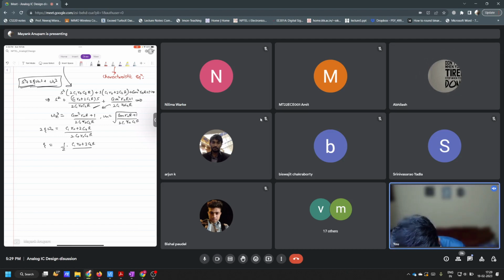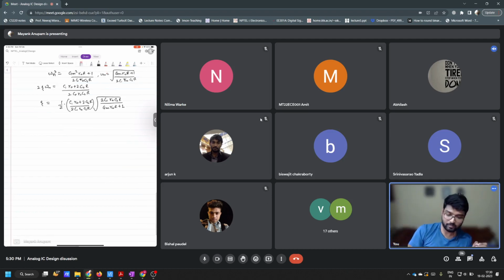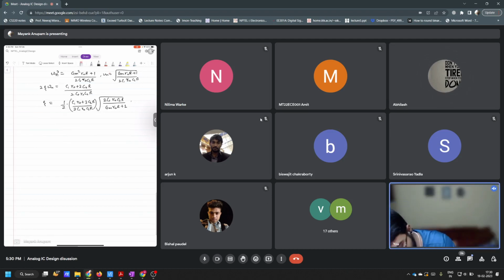Have I made some mistake somewhere? No, not a mistake anywhere. Fine. So zeta is (C1 R naught plus 2 C2 R) divided by 2 C1 R naught C2 R, into under root of 2 C1 R naught C2 R divided by (gm square R naught R plus 1). And this we have to equate to 1.